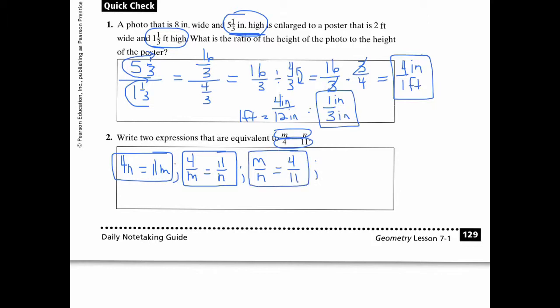And then the last one, that's that crazy one where they added the numerator and denominator and put it over the denominator. So that would be (m + 4)/4 equals (n + 11)/11. So any of those would be correct.